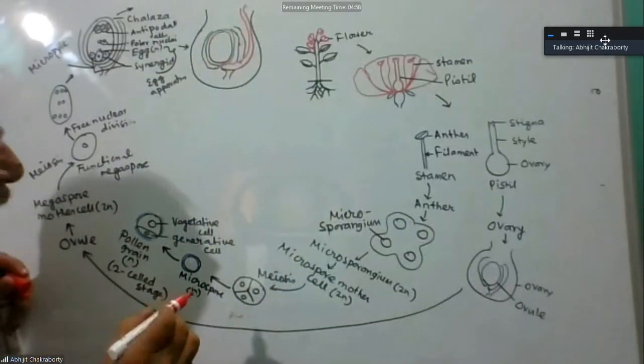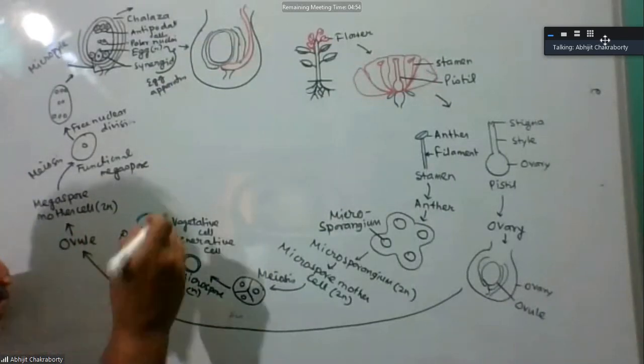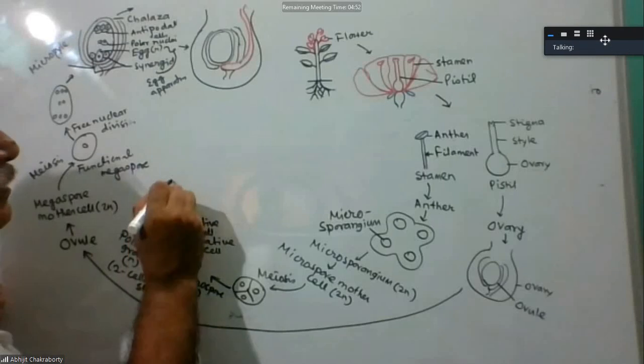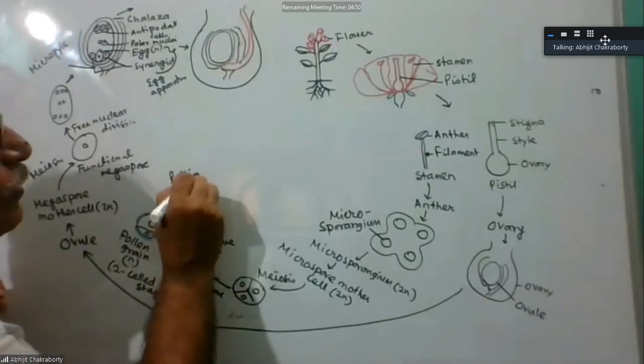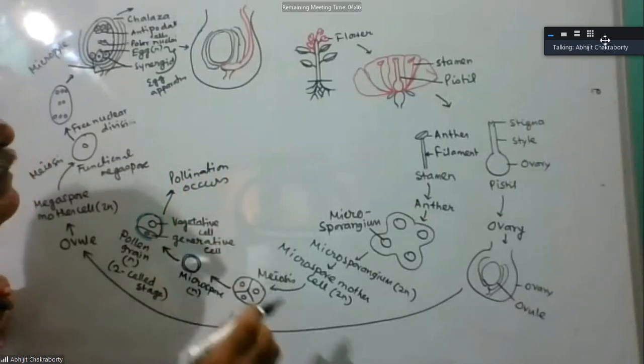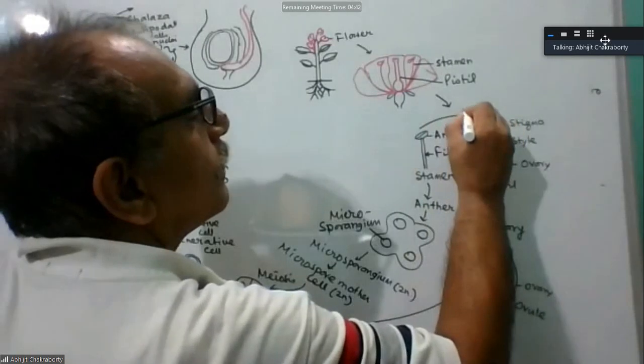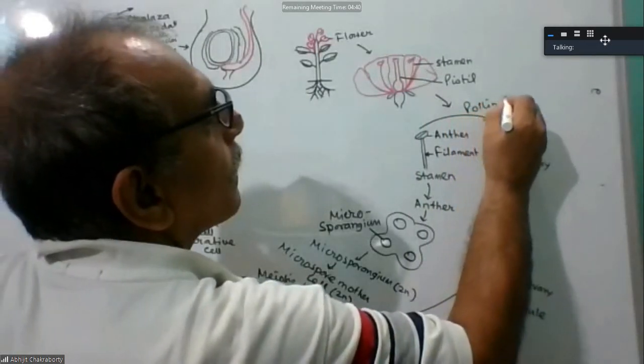What happens here? At the two cell stage in 60% of angiospermic plants, pollination occurs. That is, pollen grains are shifted from the anther to the stigma. This is called pollination.